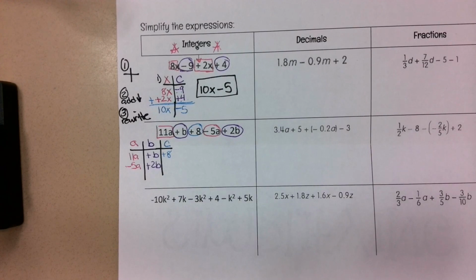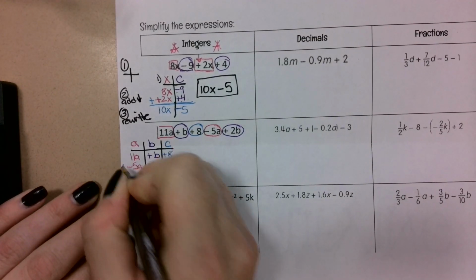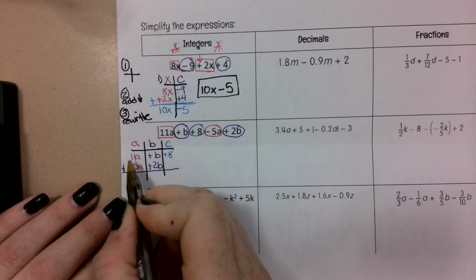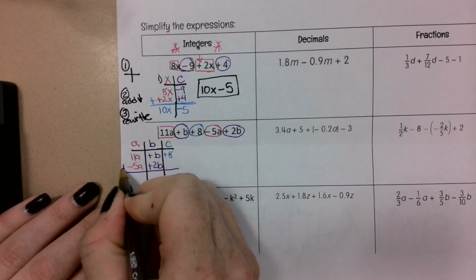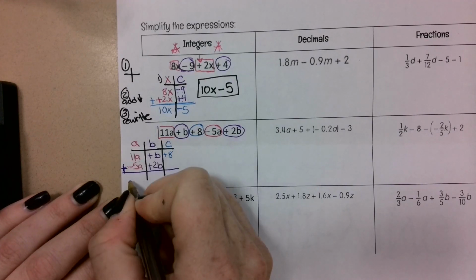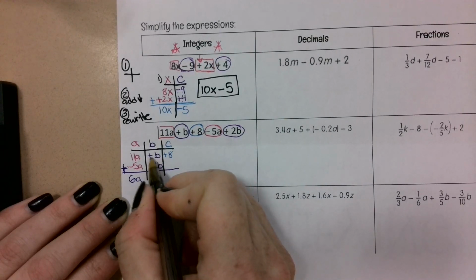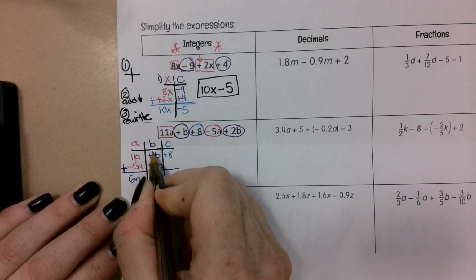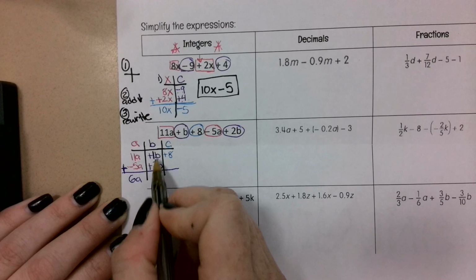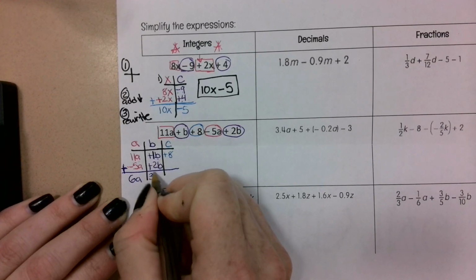Now we are up to step 2, which is add down. So we have 11a plus negative 5. Team positive is going to win, and they're going to win by 6. So we have 6a. Positive, careful here, there's an invisible 1 here. So you have 1b plus 2b. Gives us a grand total of 3 b's.